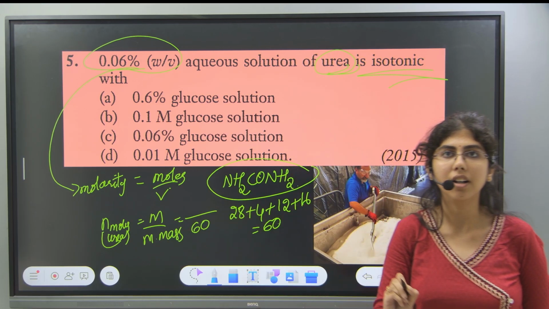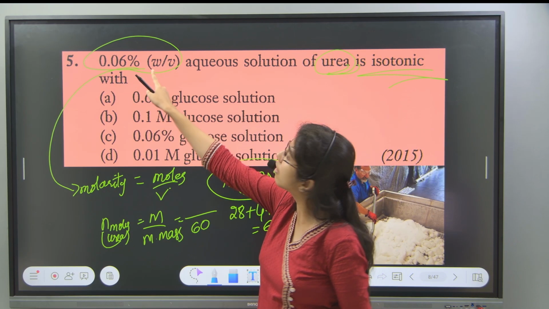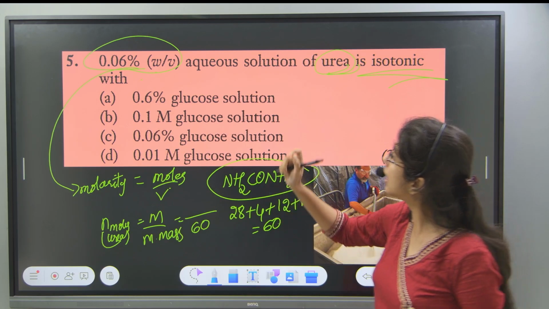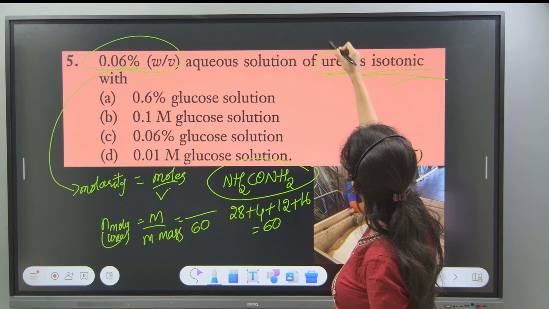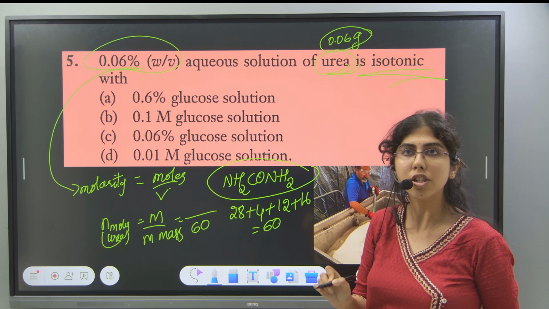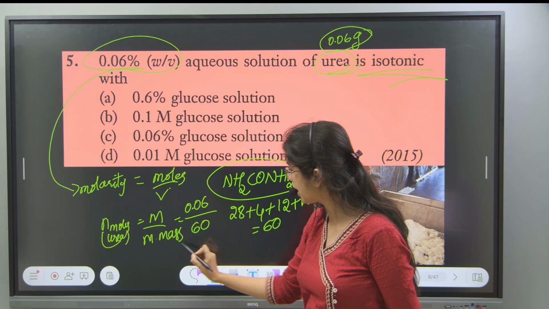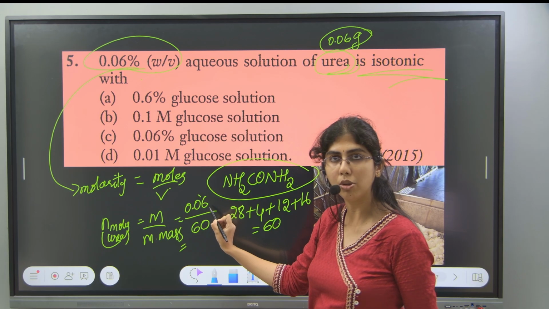What is the mass? Here they have given 0.06% weight by volume. That means the mass of urea is 0.06 gram. Here we shall put that mass, 0.06. I'll take this decimal to the right-hand side.